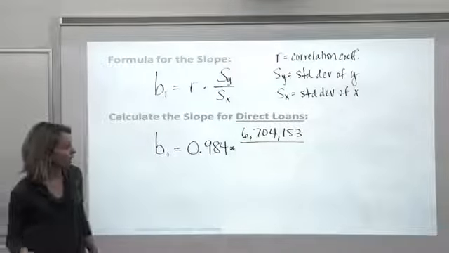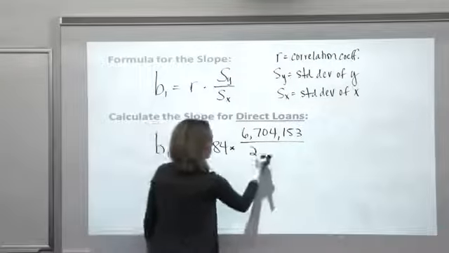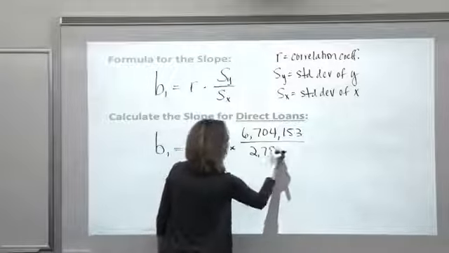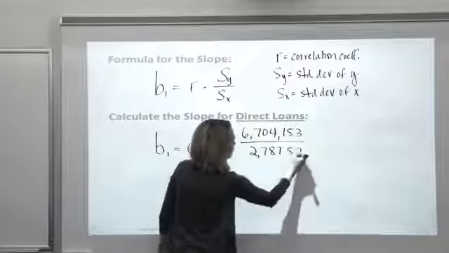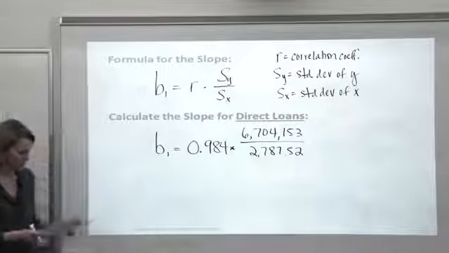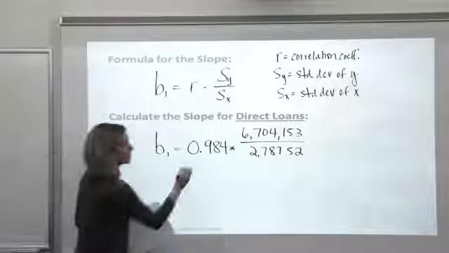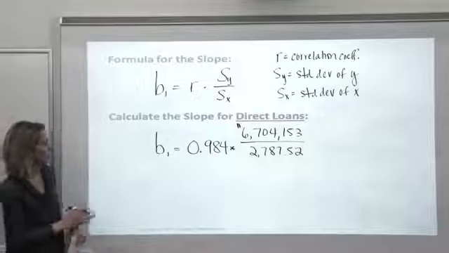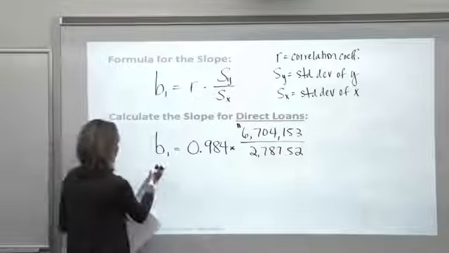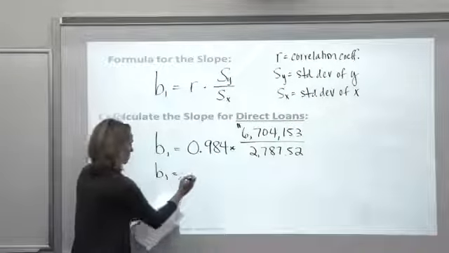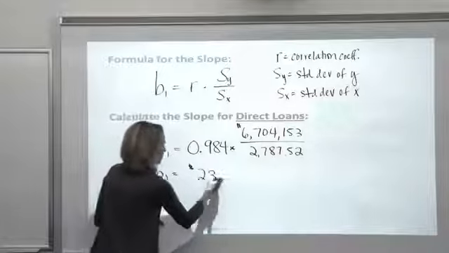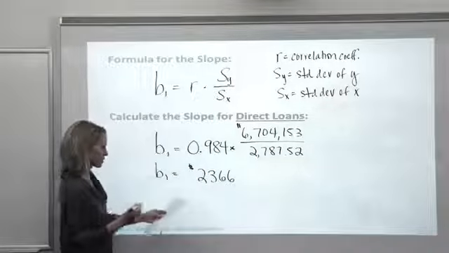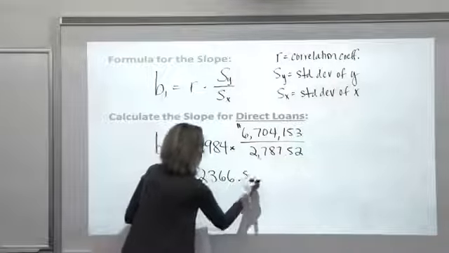The standard deviation for x was 2,787.52. This one was a money figure here. And when you compute this all out, we get that the slope is roughly $2,366.58.